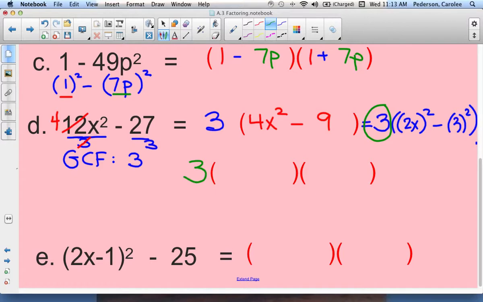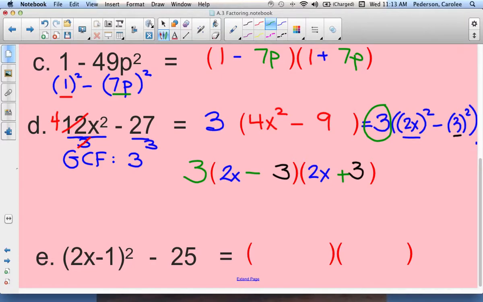There is your 3. Now I can split up this 2x squared, and then the 3. 3 and 3. And don't forget, minus plus or plus minus.